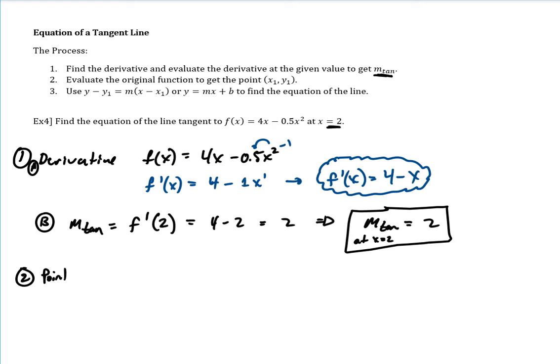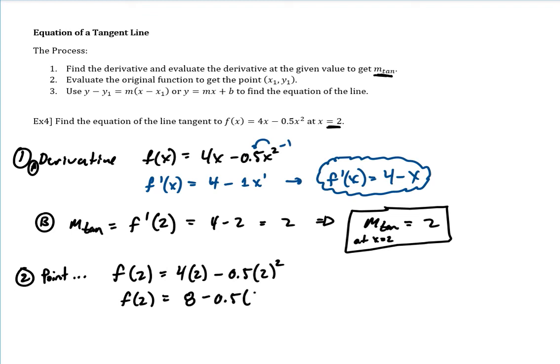So for the point, use your original function and plug in the x value. I want to do f of 2, which is 4 times 2 minus 0.5 times 2 squared. Now it's order of operations. We'll simplify. So f of 2 equals 8 minus 0.5 times 4.